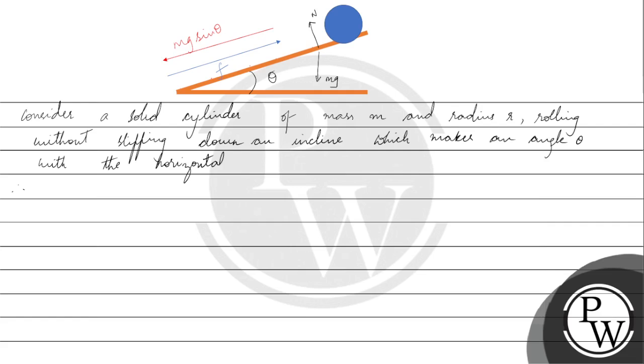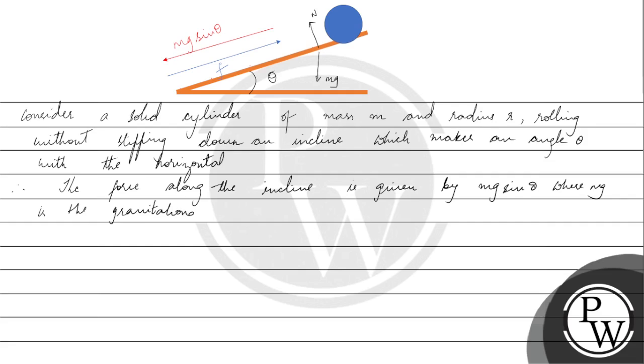Therefore, तो हम ये कह सकते हैं कि the force along the incline is given by mg sine theta, where mg is the gravitational force on the cylinder.